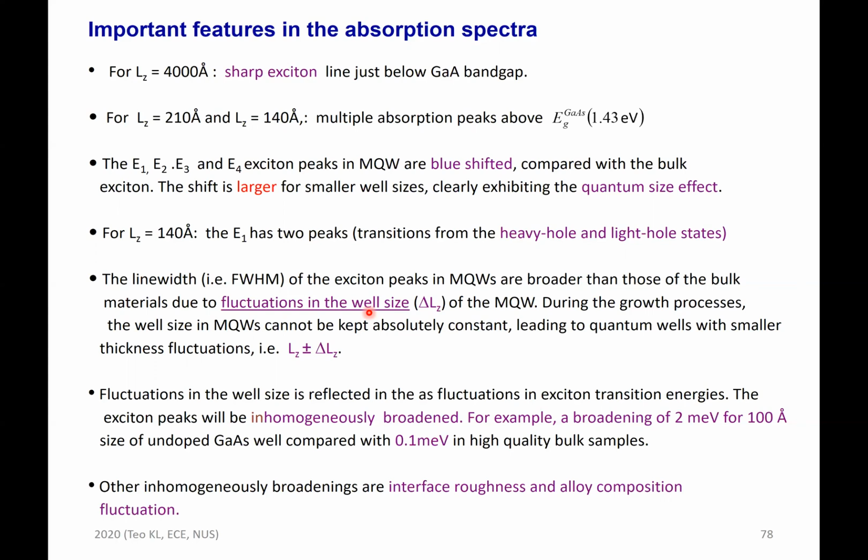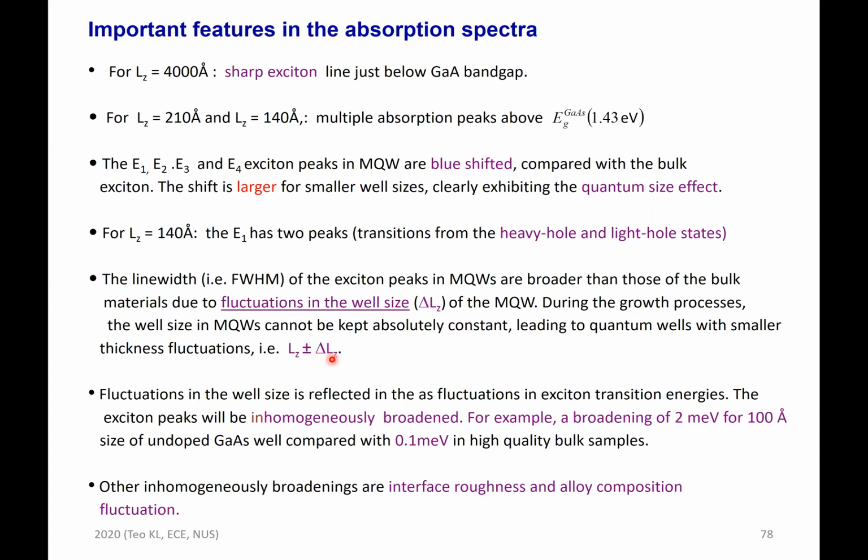For each well, the well width cannot be kept absolutely constant. Therefore, there is a fluctuation in the well size, so the well width is plus or minus a delta L, which gives you some error bar.